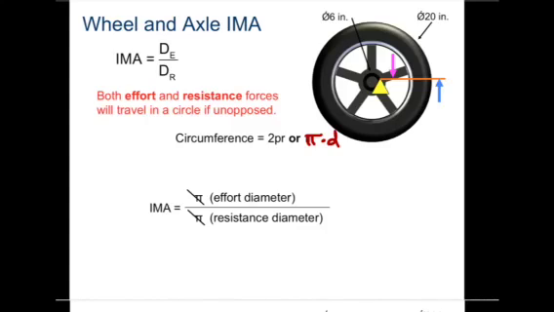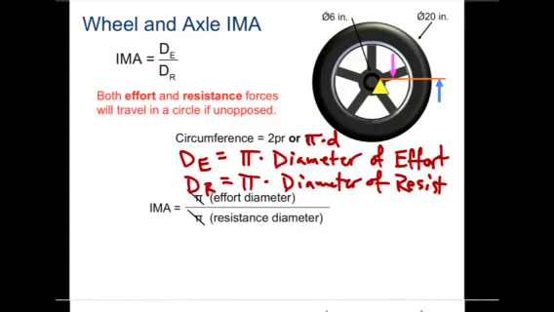So the ideal mechanical advantage would be the distance of the effort force, which would be the circumference there, so pi times diameter. Really, all we're thinking of, because of the pi's, they cancel out. All we're really dividing are the diameters.